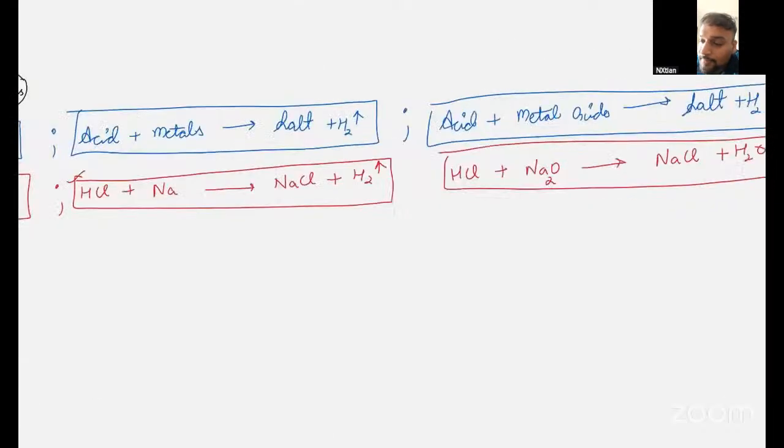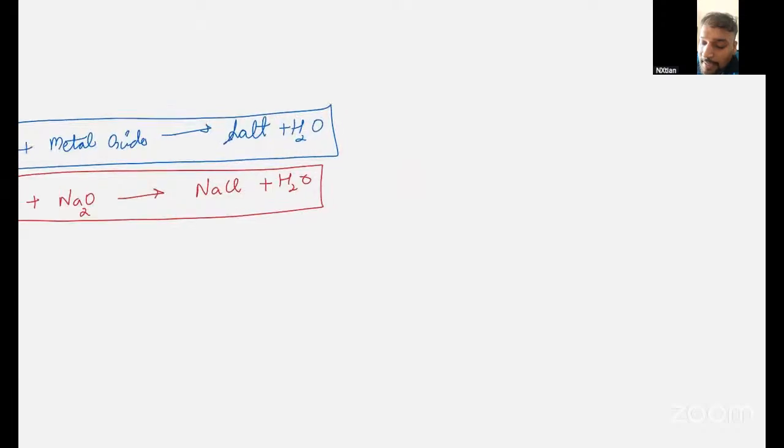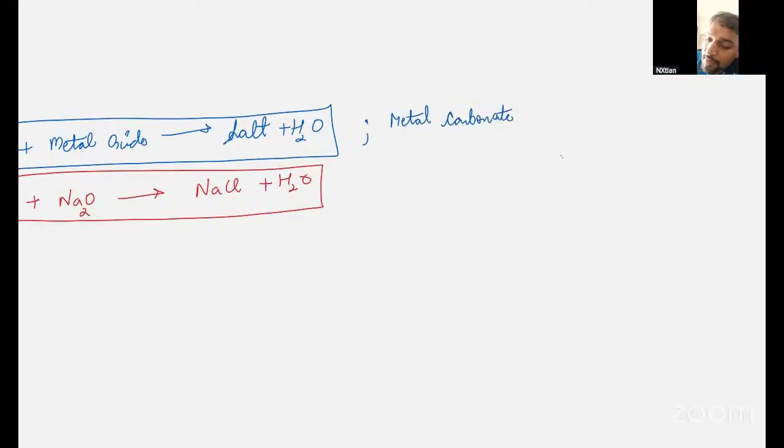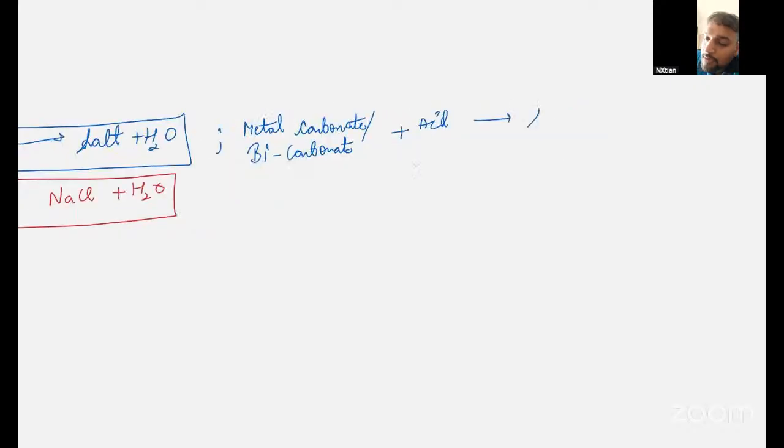Yes, I am missing metal carbonates and bicarbonates. When a metal carbonate or bicarbonate reacts with acid, it gives us salt.